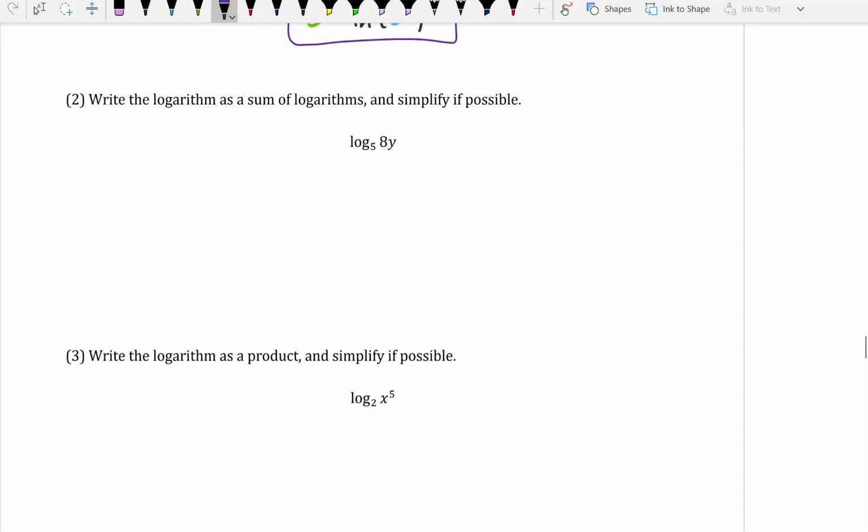For number 2, we're going to write this as a sum of logs. The reason that we are going to be adding these together is because we have multiplication. So because we have multiplication, that says to use the product rule.